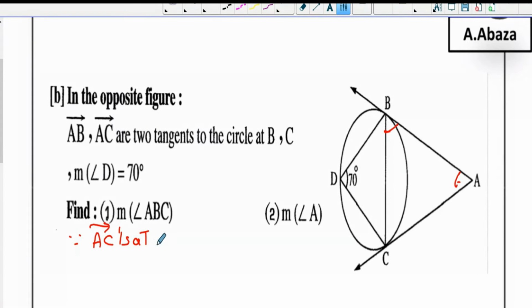therefore, you can find measure of the angle ABC.